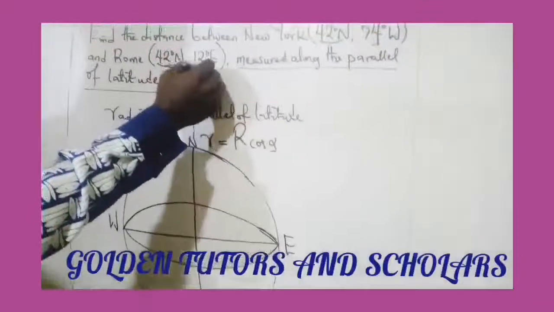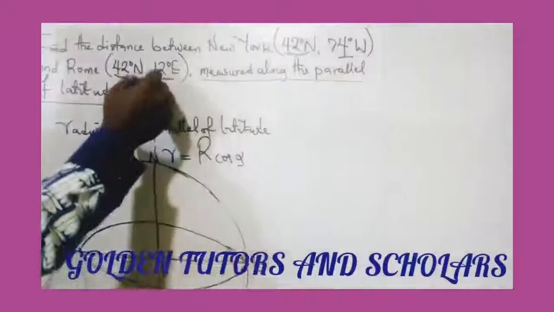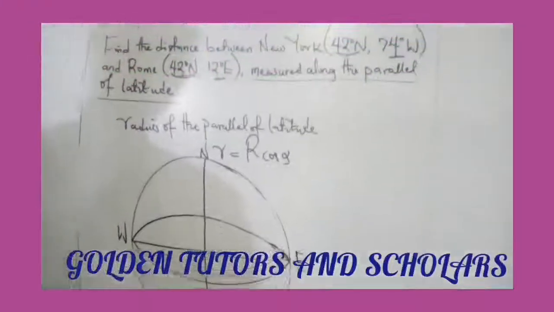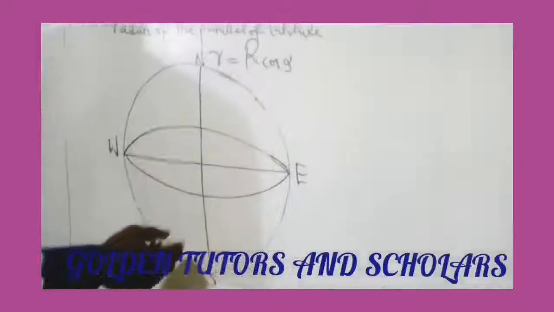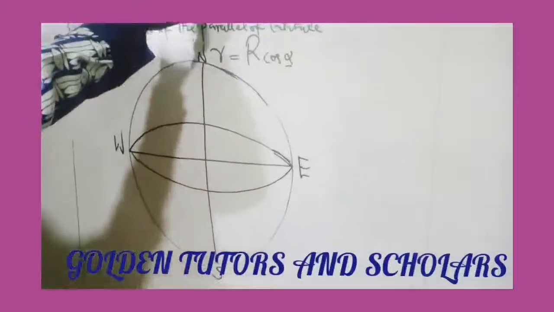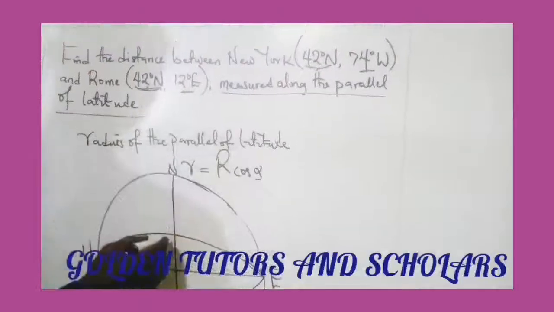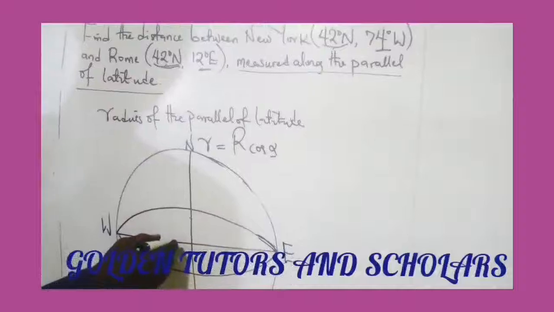This is the line of longitude for New York, 74 degrees west, and this is for Rome, 12 degrees east. If I take the measurement from the line passing through the Greenwich meridian towards the north, I move up to the north here and measure from this point down to this point, which is 90 degrees.